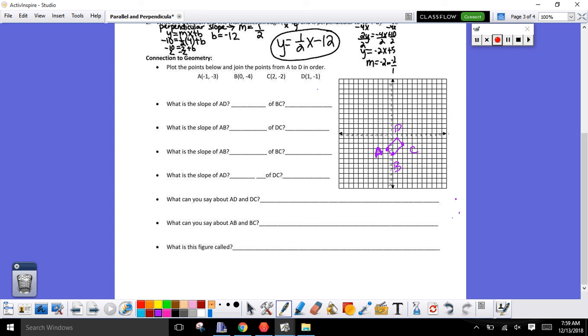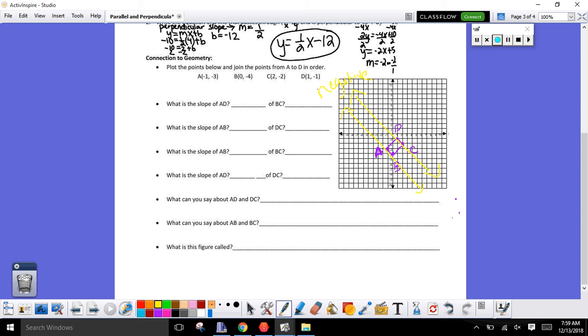What is the slope of AD? Remember that when we have a graph, I can find the slope by doing rise over run. Also remember that if my line is going this way, that means I'm going to have a negative slope. So that one would be a negative slope. This one would be a negative slope.